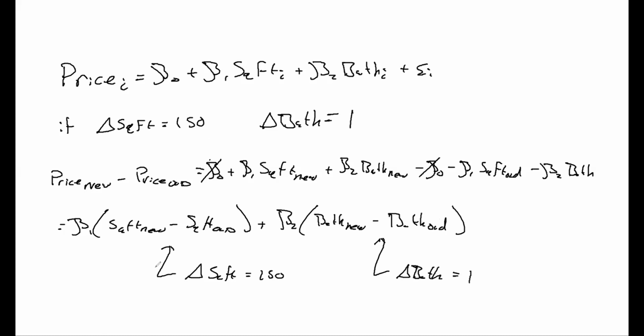This means that our change in price is going to be equal to beta 1 multiplied by the change in square feet, which is 150, plus our estimate for beta 2 multiplied by the change in bathrooms, which is 1. And then you just solve.